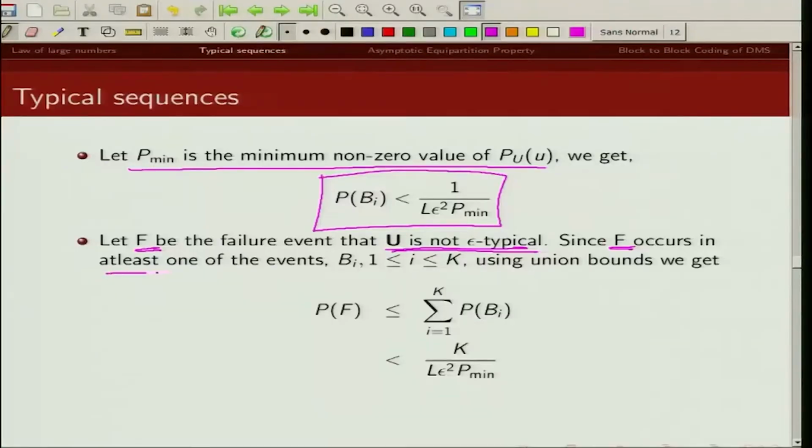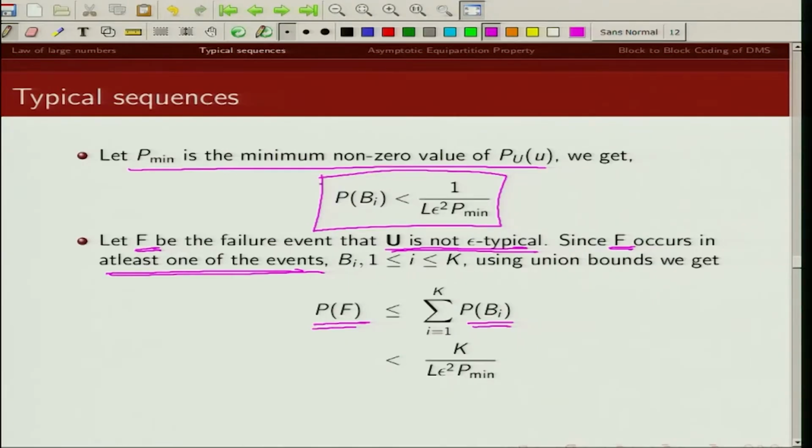So F occurs if at least one of these events Bi occurs. Using the union bound, the probability of failure is upper bounded by the sum of probability of Bi over all i from 1 to k.